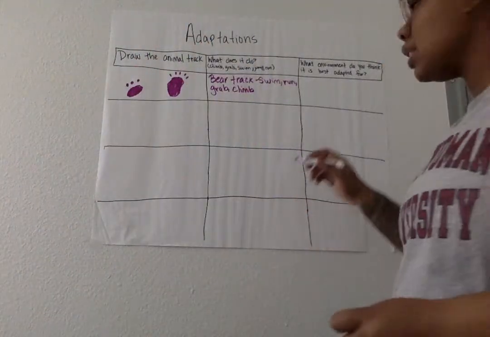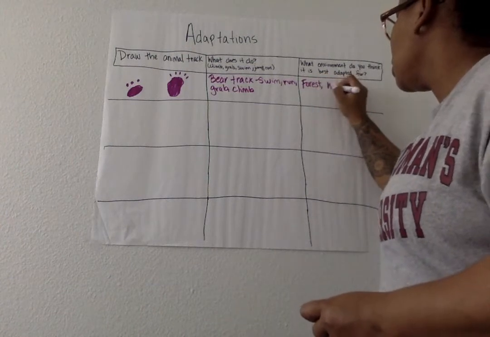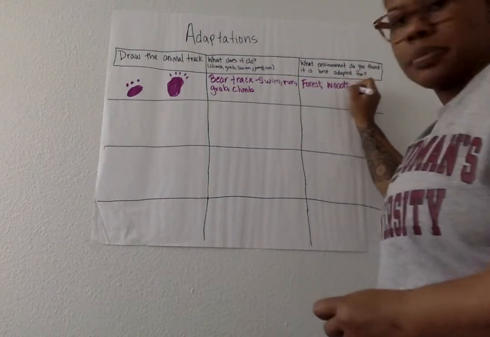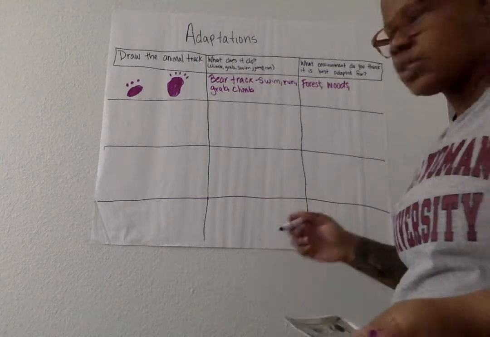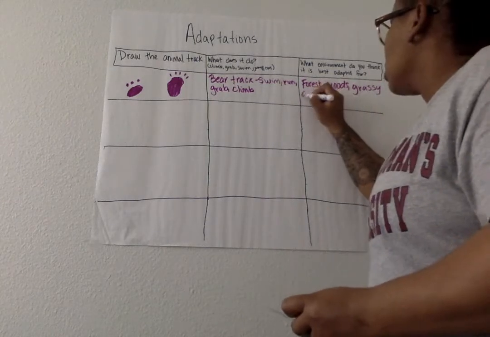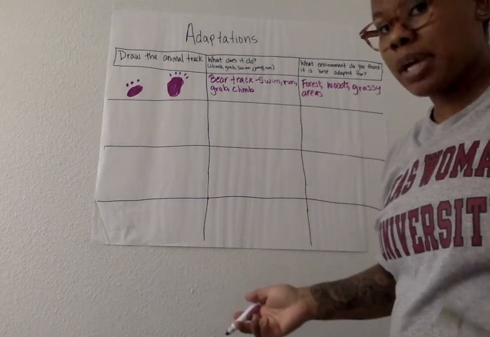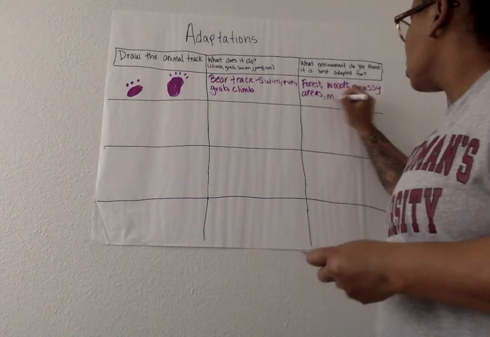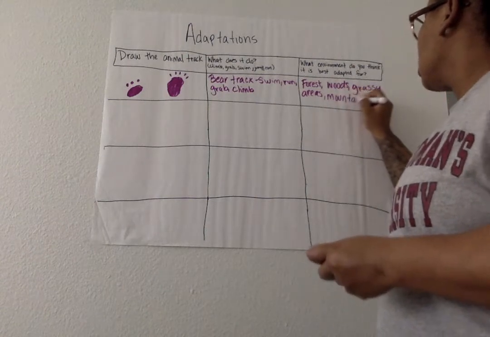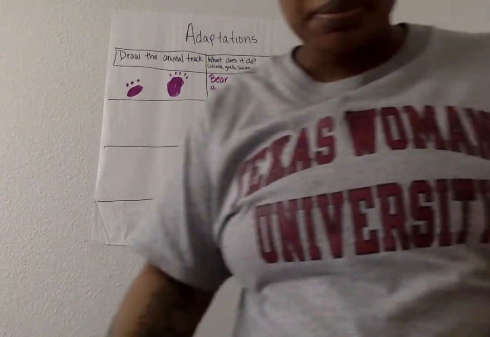All right, so we can say forests, woods, grassy areas, right? Grassy areas, and sometimes mountains. All right, so that's for one.